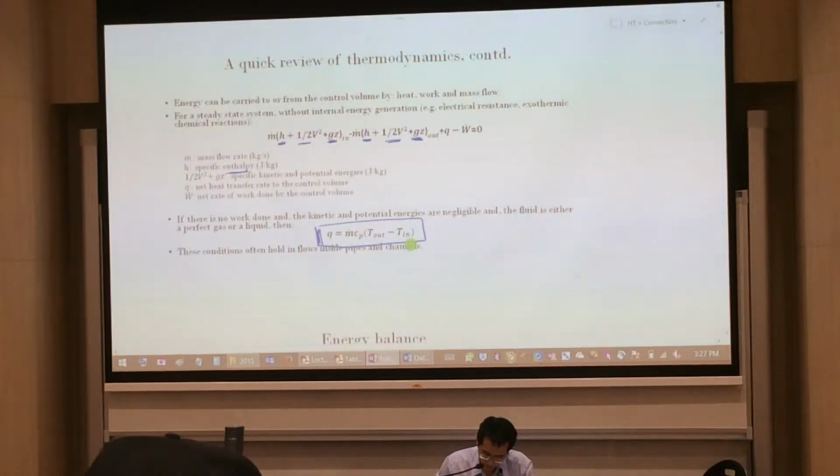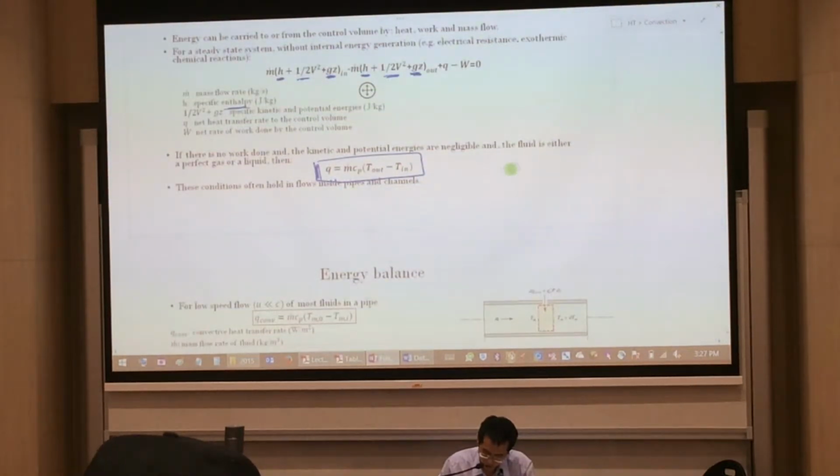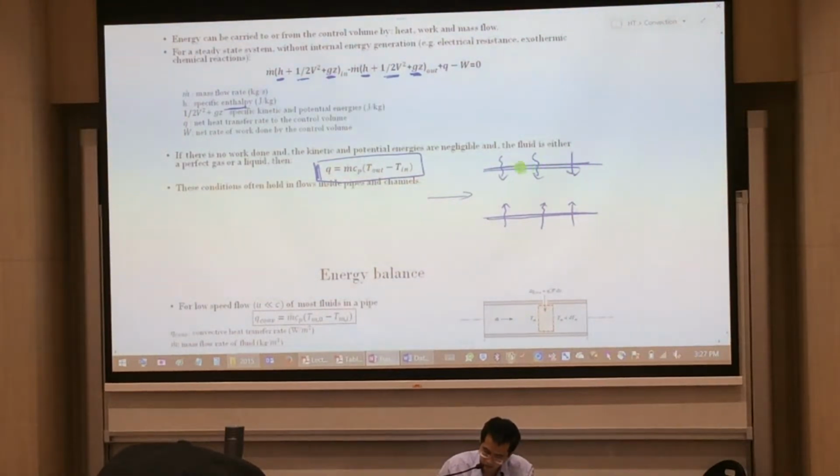So I want to do a sketch. In this sketch, I have this pipe here that's at a higher temperature. If I have fluid flowing in there, I know that as the fluid flows in, it will get heated up because the surface of the pipe here is at a higher temperature.